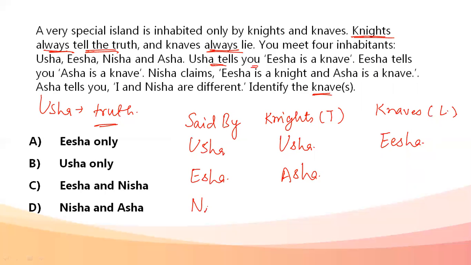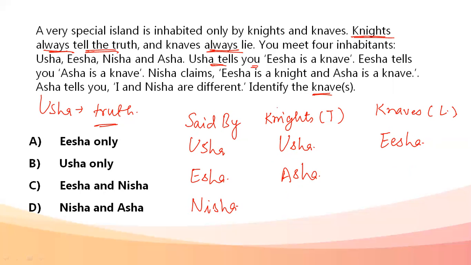Okay, now, next thing. If we talk about Nisha, Nisha claims Isha is a knight and Asha is a knave. Isha and I are different. So Isha and I are different, but Isha is actually telling a lie. That means Isha is a knave.